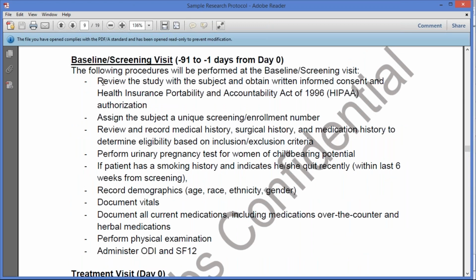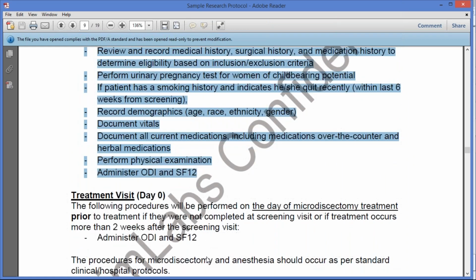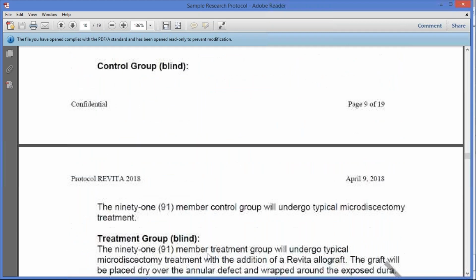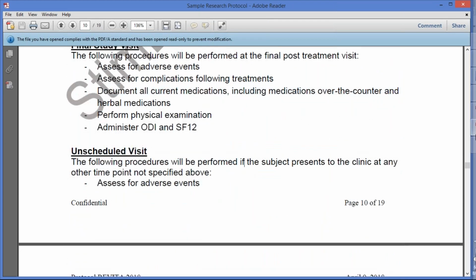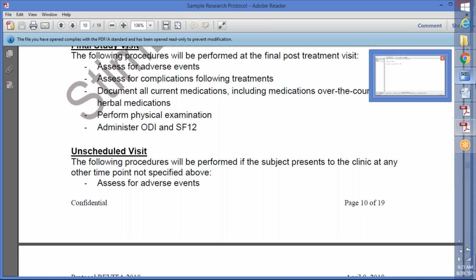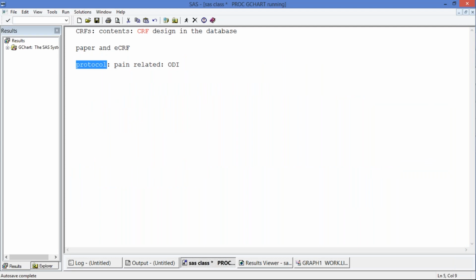During the screening visit, we should collect all this data. It's clearly given in the protocol. During the treatment visit, what to collect. During the follow-up visit, what to collect. Like this, for each and every visit, exactly what data to be collected is given in the protocol.